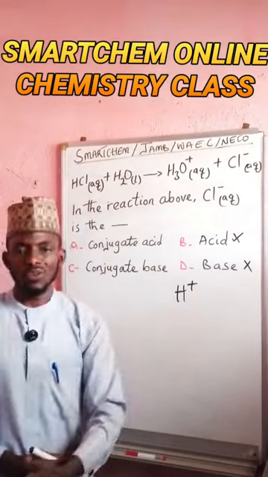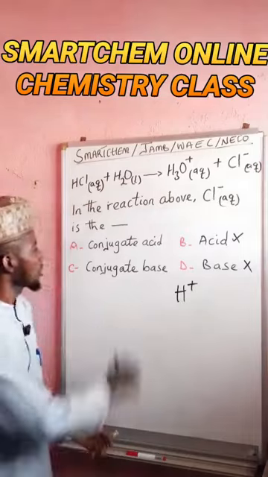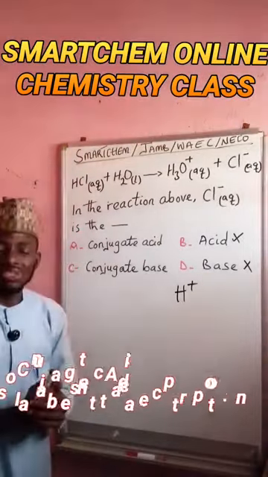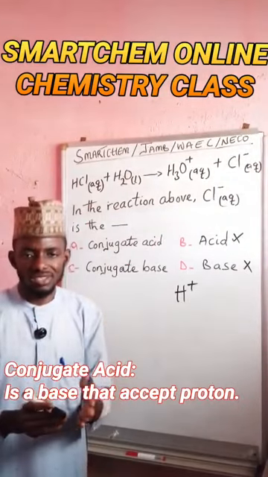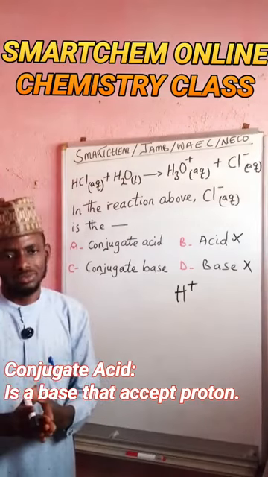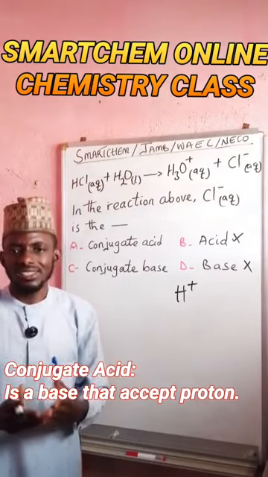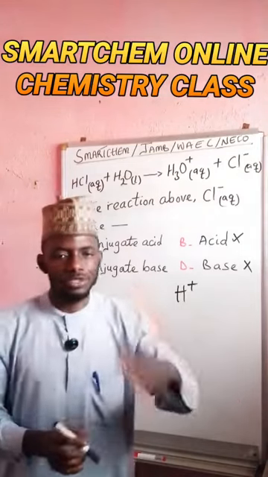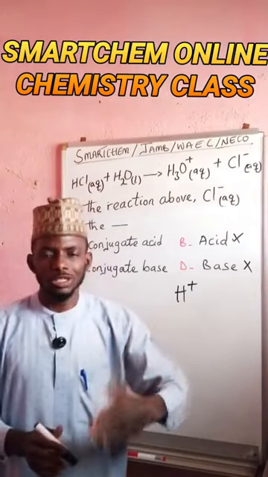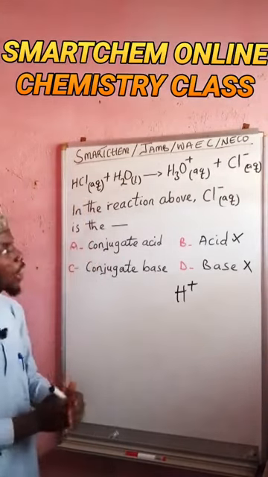From the concept of Bronsted-Lowry theory, a conjugate acid is a base that accepts what? That accepts a proton. When a base accepts proton, it is called conjugate acid. Are we together?